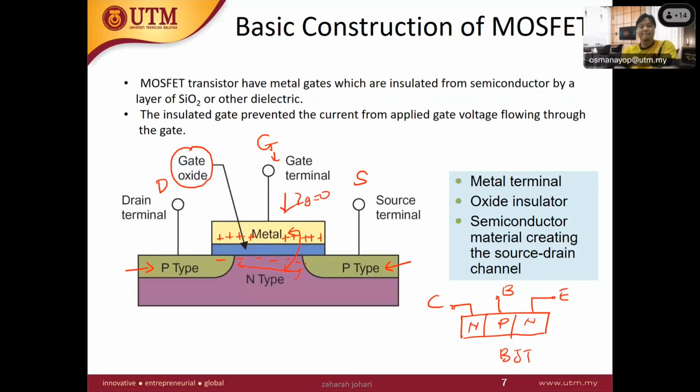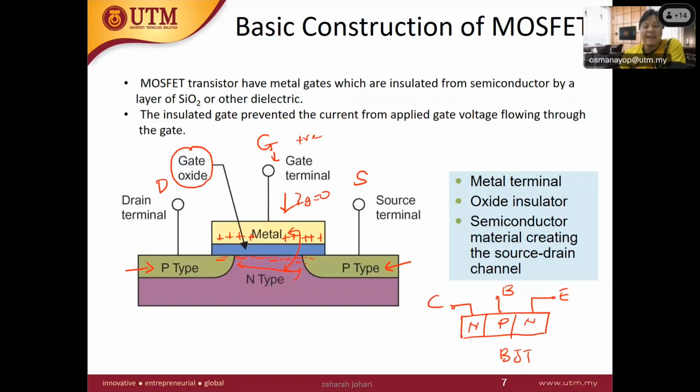So knowing that, how can the current flow from the drain to the source? There is something you need to understand: how we create the road for current to flow. It is based on the gate. When we supply a positive voltage, it pulls some electrons from the N-type regions to be near this place.